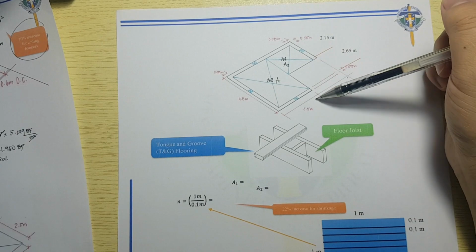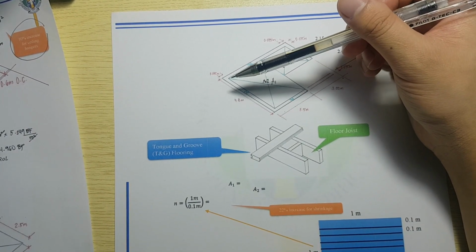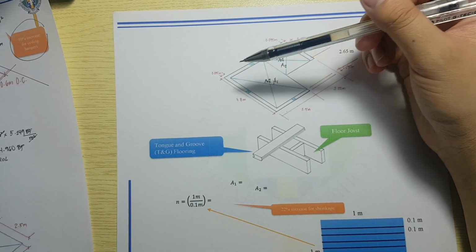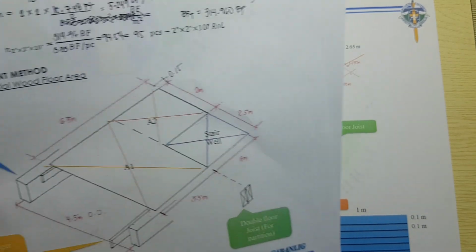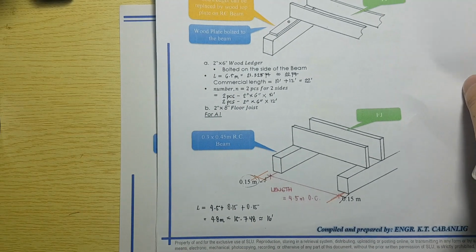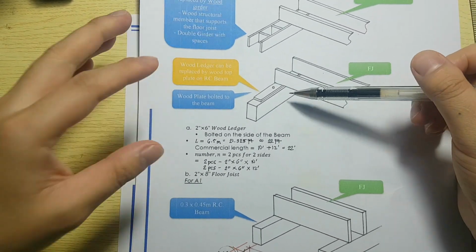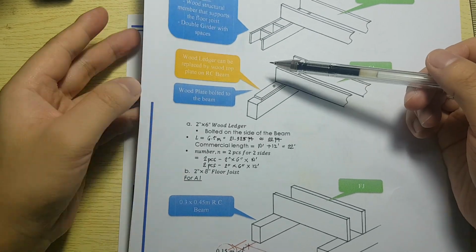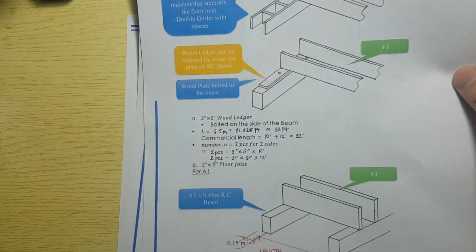Now, for area 1, it is 3.5 by 4.8. Now, if we're going to check it here, what we did here was a single ledger. Okay? Single ledger lang yung ginawa natin. But we have, we solved, but wait. Saan na yan?